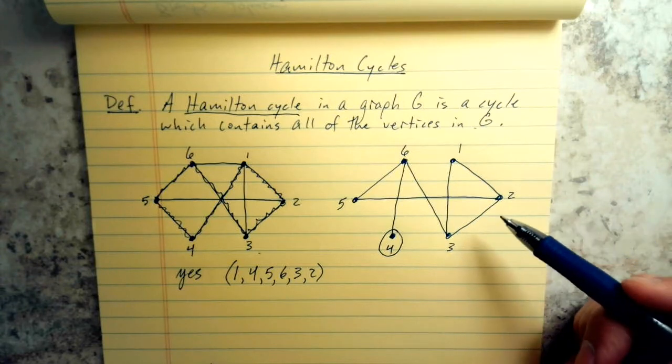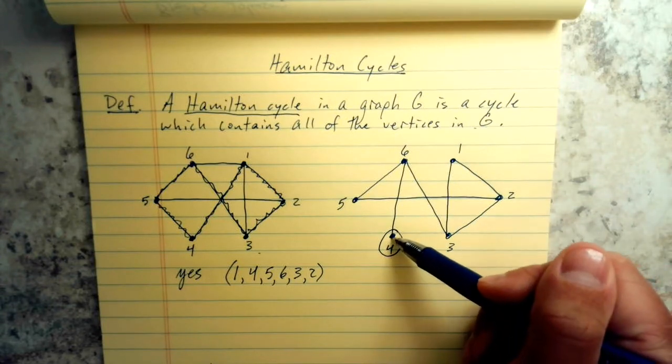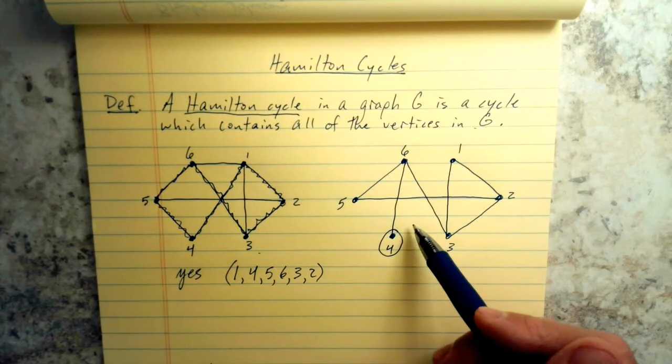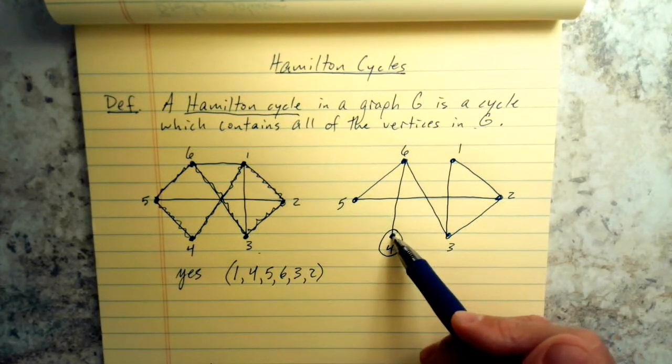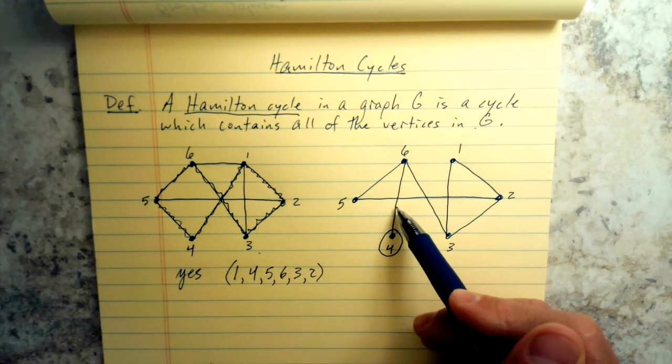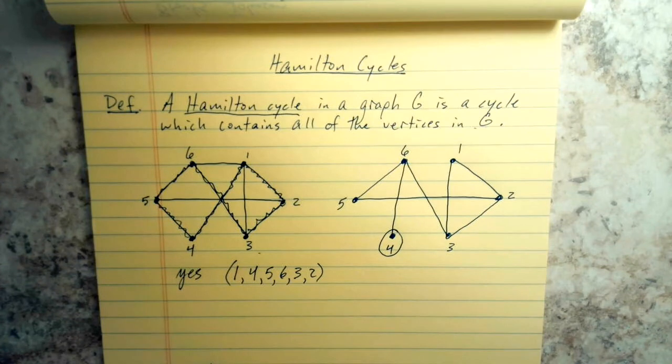Because if you think about it, any cycle that contains 4 is going to have to use 2 edges at 4 because it's going to have to arrive at 4 and then leave. And so the fact that no cycle can contain vertex 4 means that no cycle can contain all the vertices. So that one's a no, no Hamilton cycle.